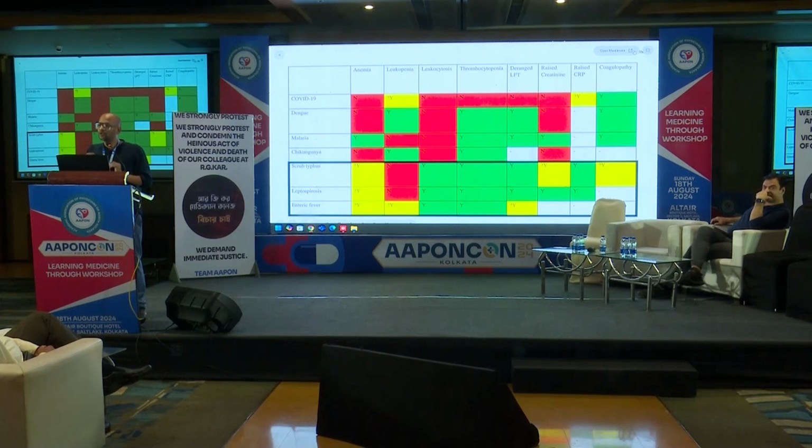CRP, in acute febrile illness, has been shown to have some diagnostic accuracy in differentiating viral and bacterial. This is not true for all infections, but for acute febrile illness, it might be helpful. So the CRP was elevated, again pointing towards a bacterial acute febrile illness. The bacterial acute febrile illnesses are scrub, lepto, and enteric fever.